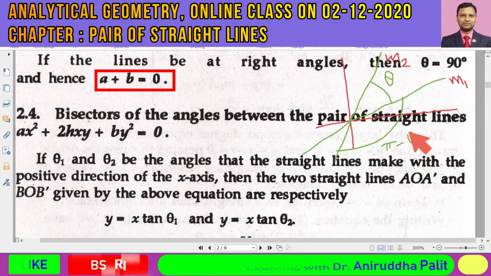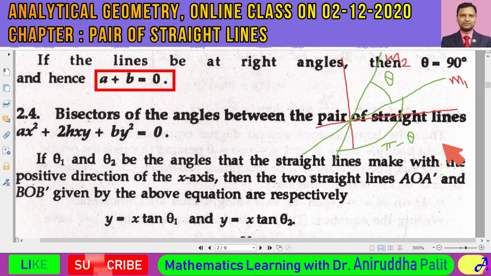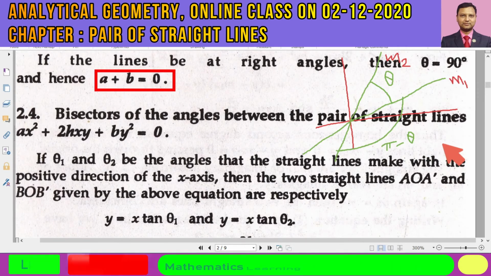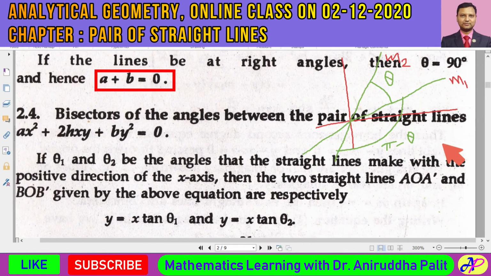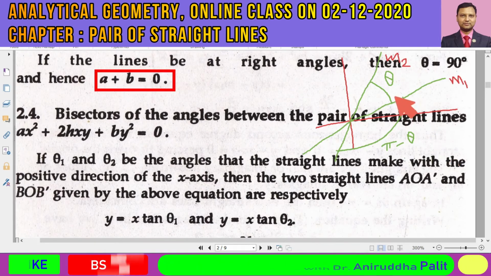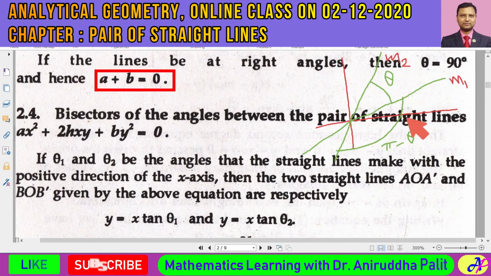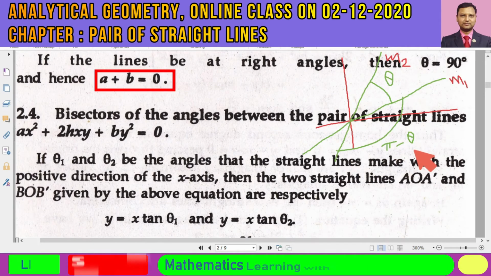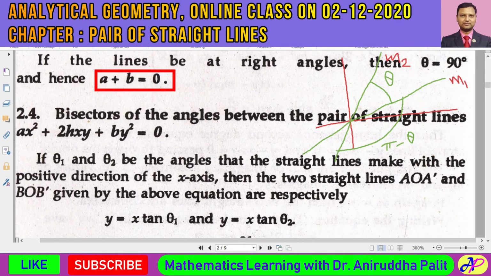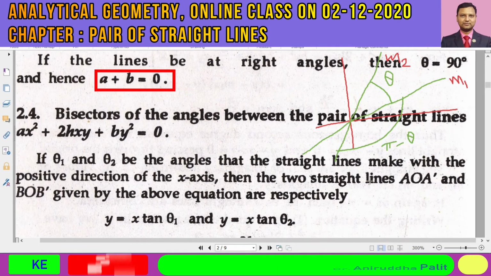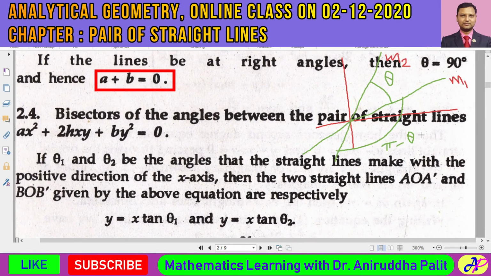So tan theta would give us this angle, and correspondingly we would always have another angle, pi minus theta. So now our target is to compute the bisector in between these two straight lines.